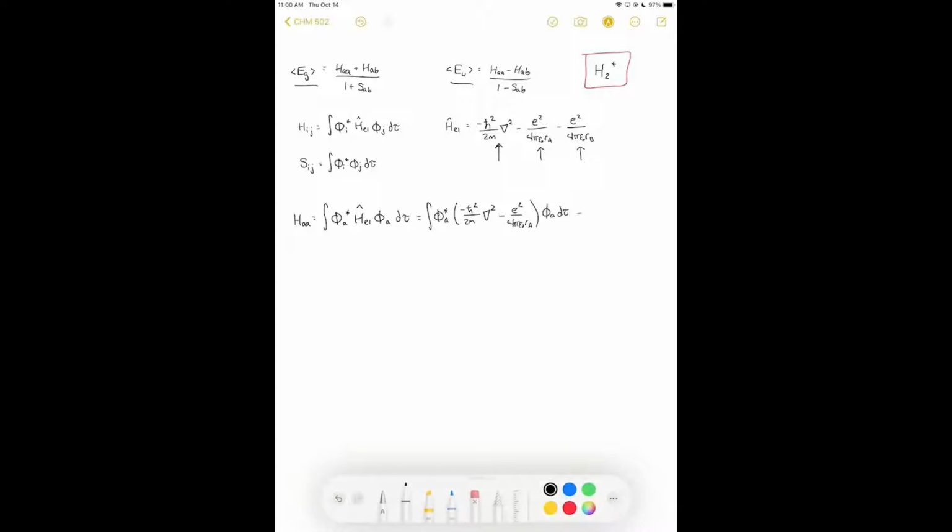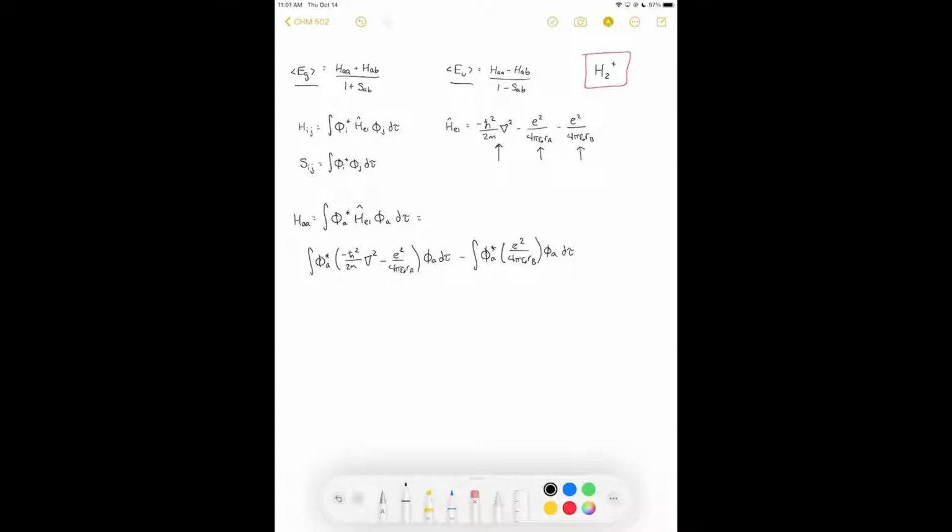Let me move this down so they can all be in the same row. I'll have minus the integral of phi star A times e squared over 4 pi epsilon naught RB times phi A, where the minus is already included.